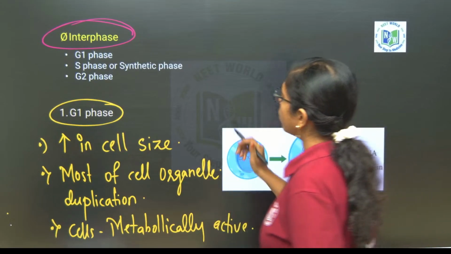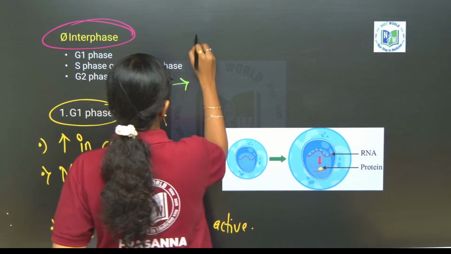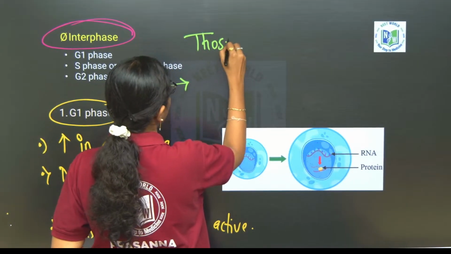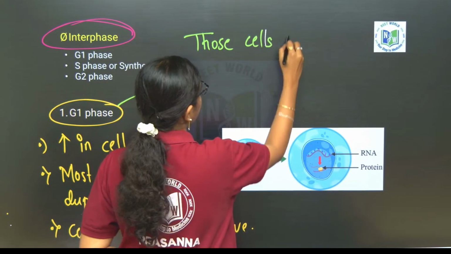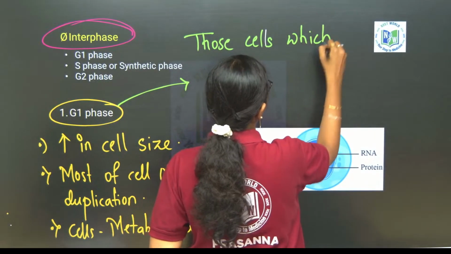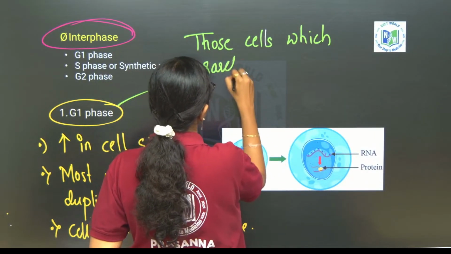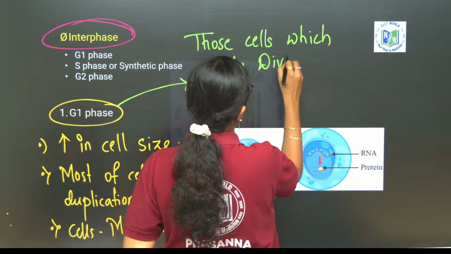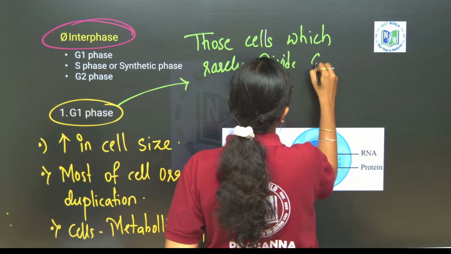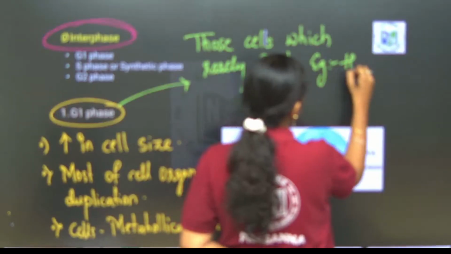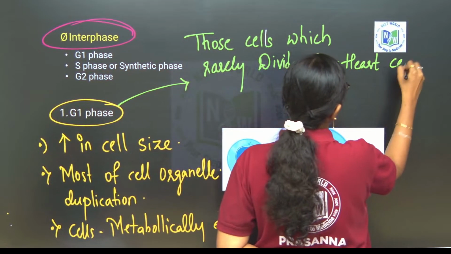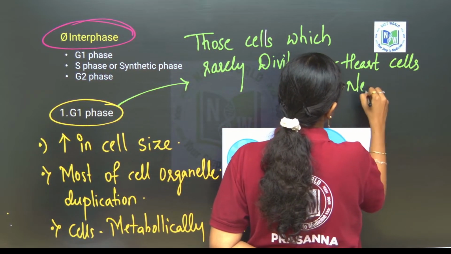So take down here those cells which rarely divide. For example, heart cells and nerve cells.